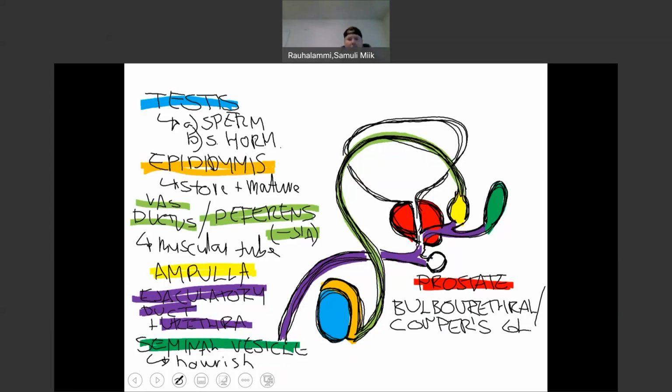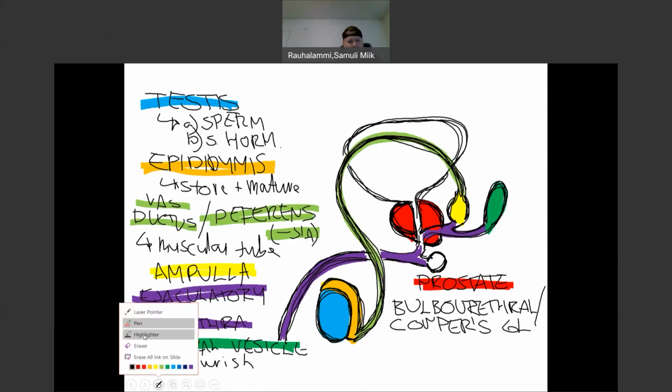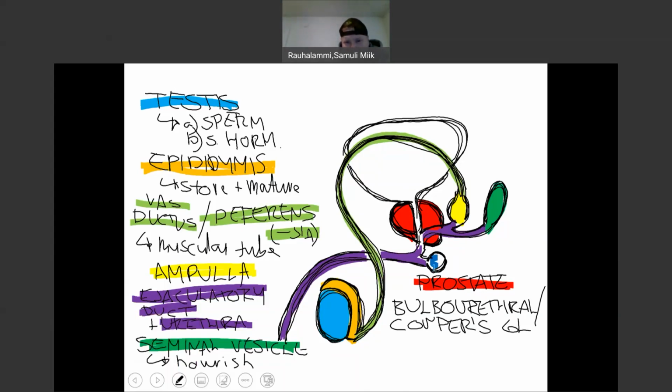And this is going to be called our bulbourethral gland, or sometimes also Cowper's gland. So again, two possible names that can sometimes be used, so don't let that throw you off.